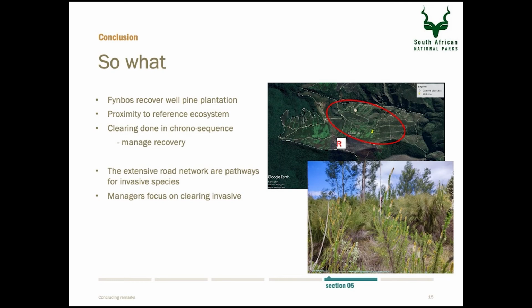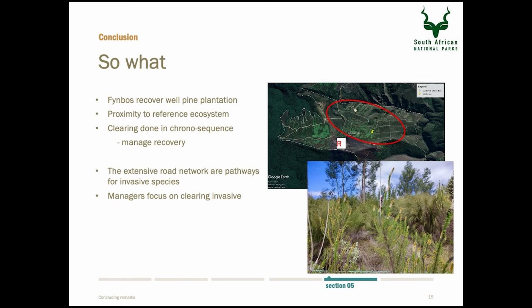So what can we conclude from this? The Fynbos is actually quite resilient. It recovered well after pine plantations, similar to other studies. And I think what helped the recovery was the proximity to the reference site, which is the red that you see over there.